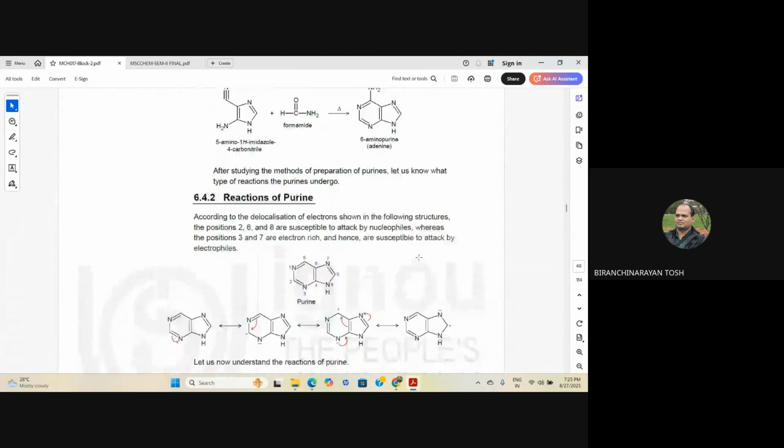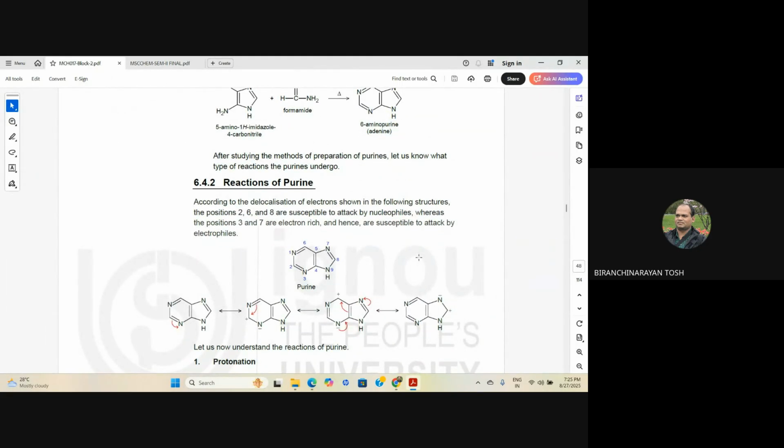Then the reactions of purine according to the delocalization of electrons shown in the structure. You can see the positions 2, 6 and 8, just in between the nitrogen atoms. 2, 6 and 8 are positive, so a nucleophile can attack.